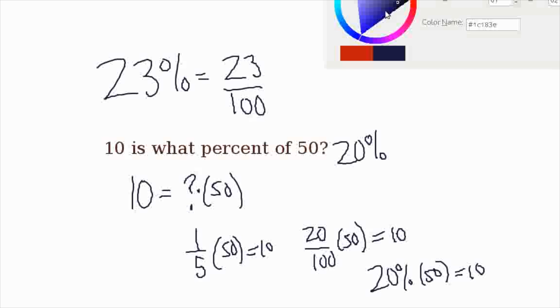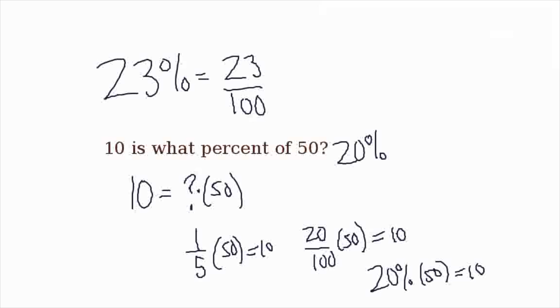Now, a helpful guide to decode these questions. It seems a little funny to say it, but you can use this dictionary to help you interpret it. Whenever I see an "is," that corresponds to an equal sign. The "what" corresponds to some mystery number, maybe you want to represent it by a question mark.